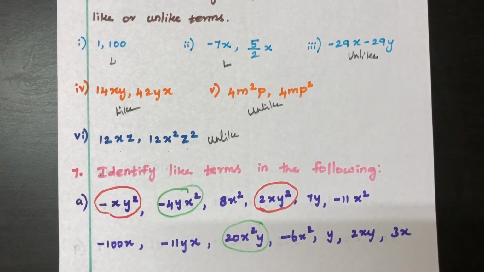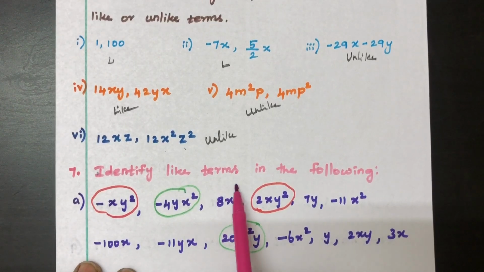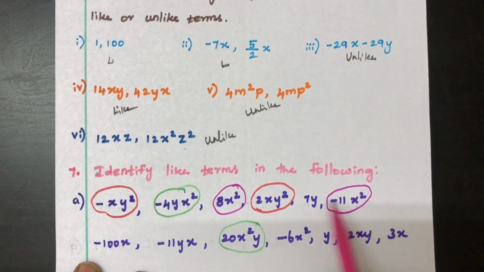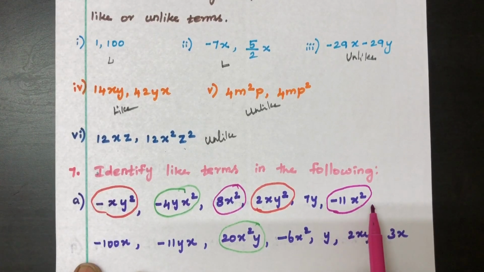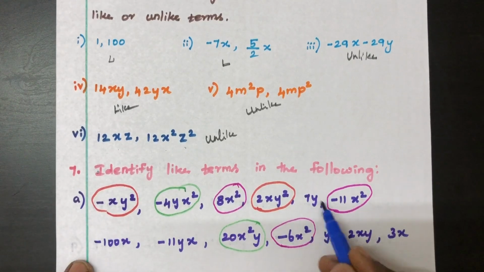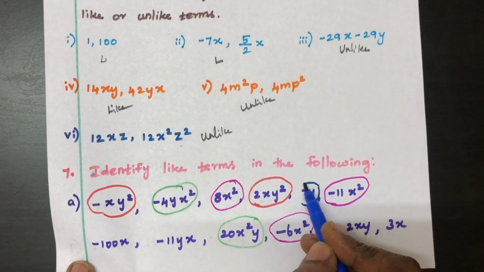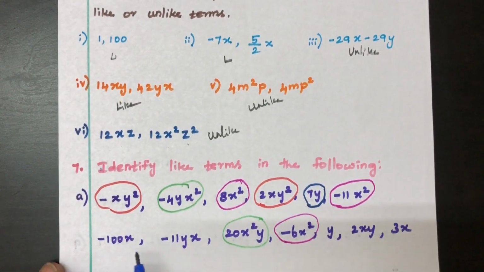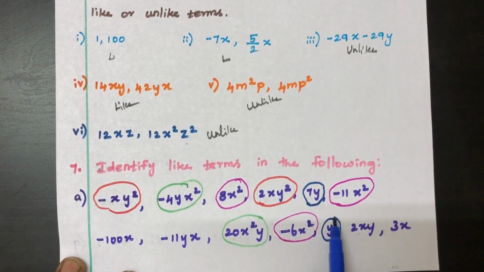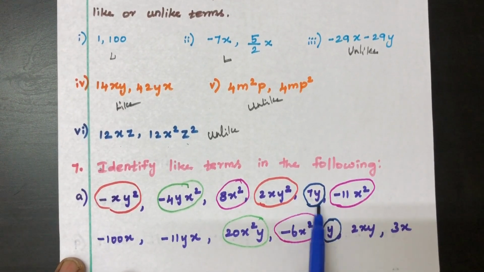Next we are going to look for the x square term. Here one x square term, 8x square and minus 11x square. Here also minus 6x square. Find y terms. 7y. Okay. Look for y. Here one y term is there. So both are like terms.